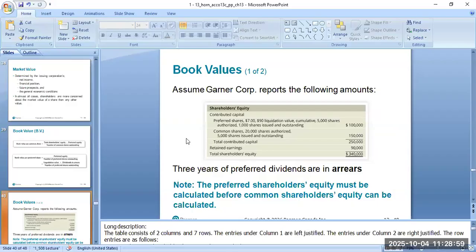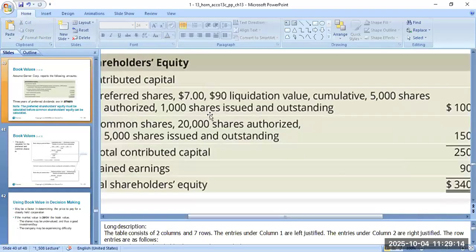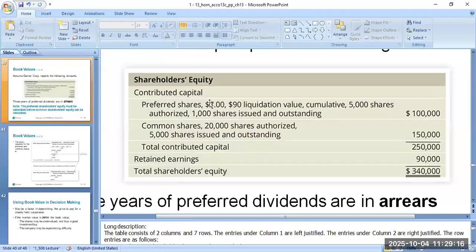Let's see here the example, the book value. Preferred shares have a $7 dividend per share, $90 liquidation value. Let's make it bigger. Preferred share pays $7 dividend, $90 liquidation value.